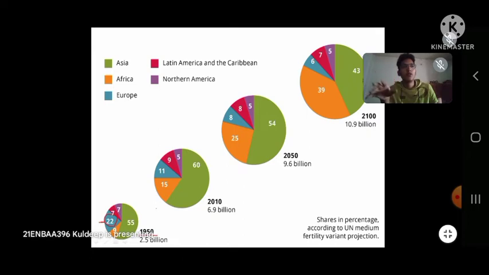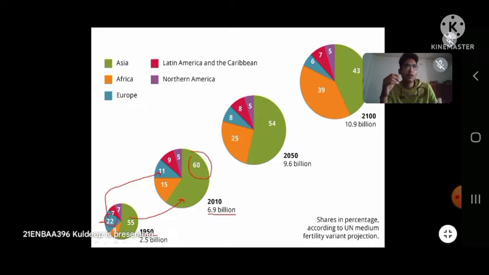Now, if we look at the 2010 data, the population is 6.9 billion, and around 60% of that population is living in Asia. So the percentage share of Asia has increased, and Europe has almost halved its population share from 22 to 11.